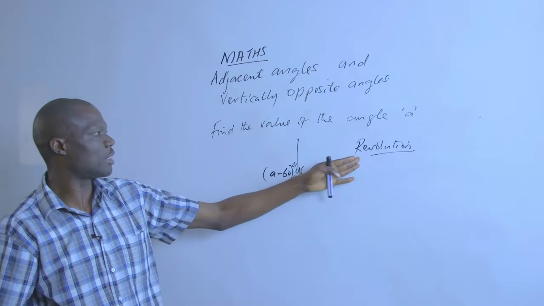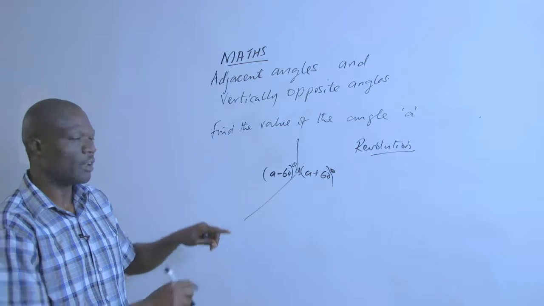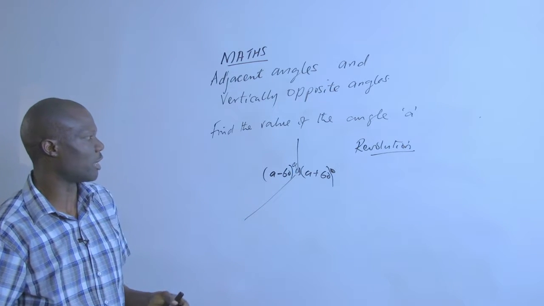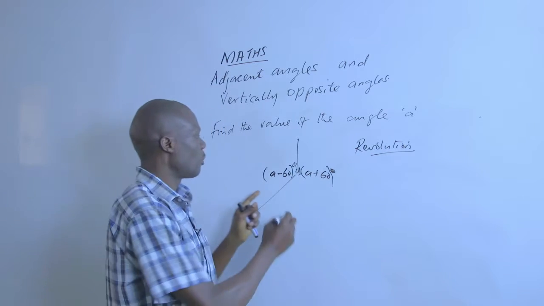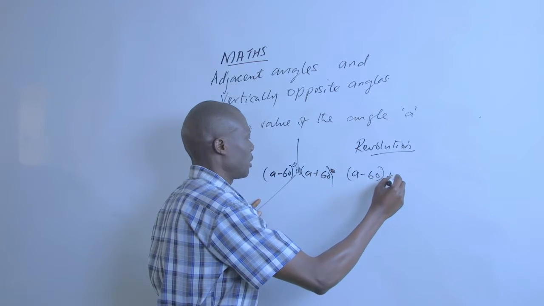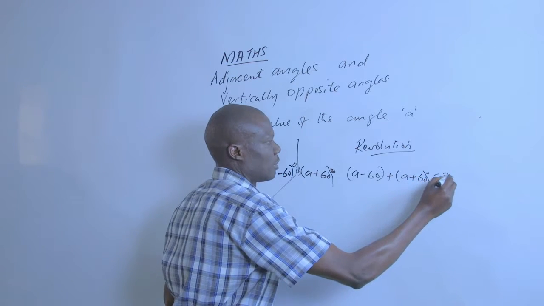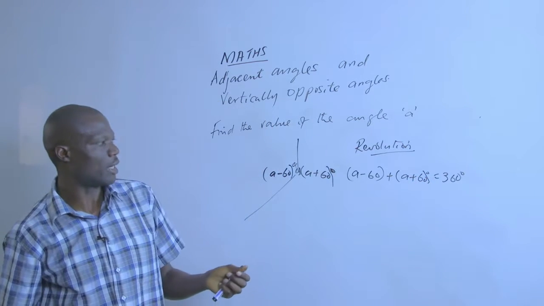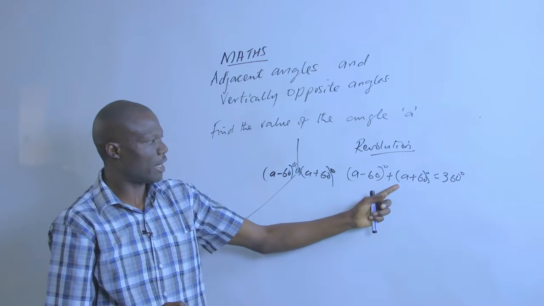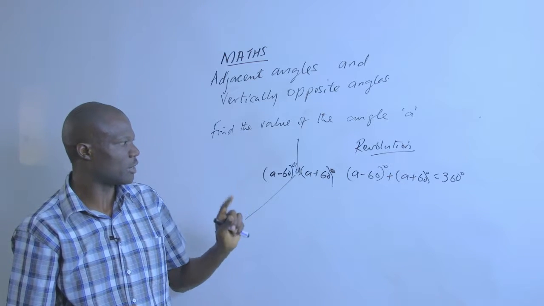So given that this is a revolution, looking at our solution, this implies that the sum of all these angles is supposed to give us a total of 360 degrees. Therefore, we shall say that A minus 60 plus A plus 60 is equal to 360 degrees.